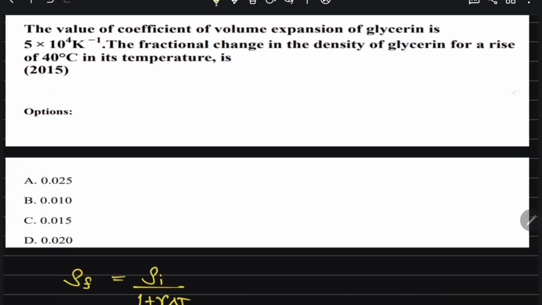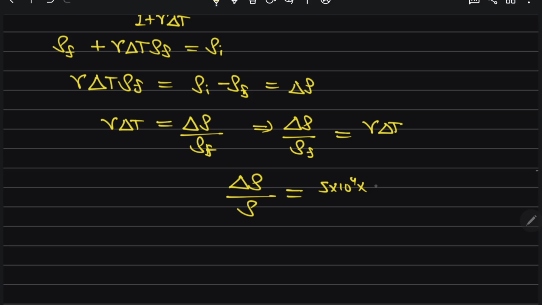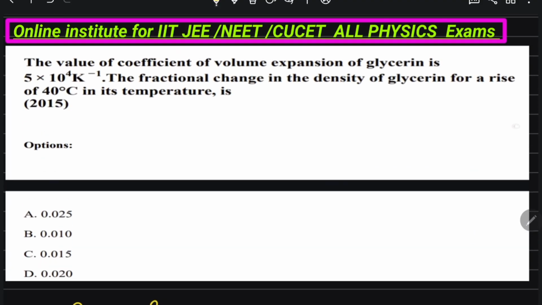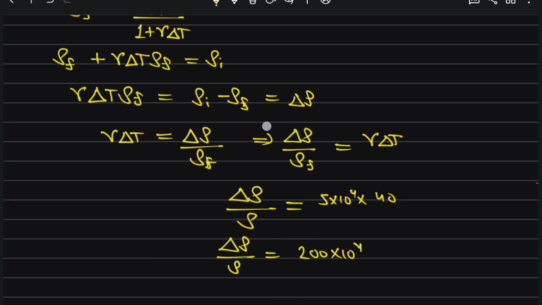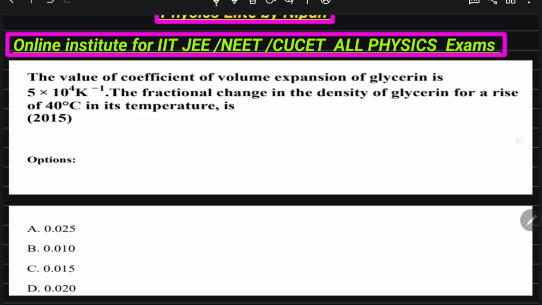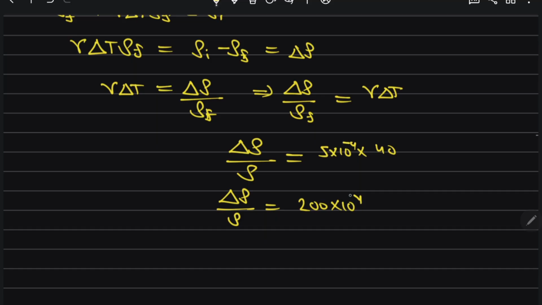Gamma is given as the coefficient of volume expansion, 5 into 10 to the power 4, and delta T is 40. So delta rho by rho comes out to be 200 into 10 to the power 4. Actually, I think this is a printing mistake; there should be a minus sign, because the fractional change is never positive.